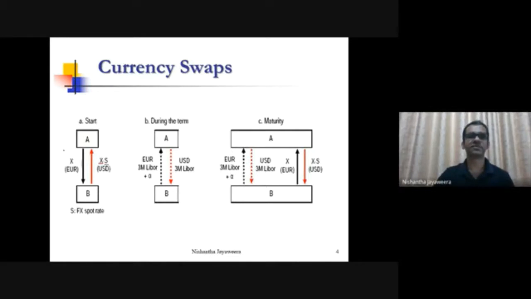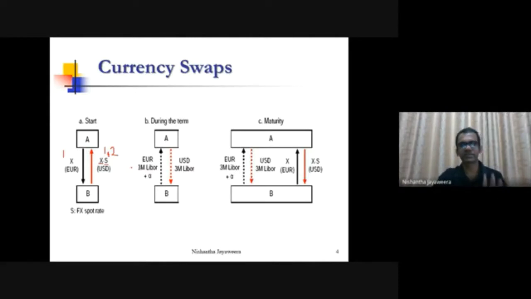So in our example, 1 million euros and 1.2 million dollars. Party A pays 1 million euros to party B. Party B pays 1.2 million dollars to party A.